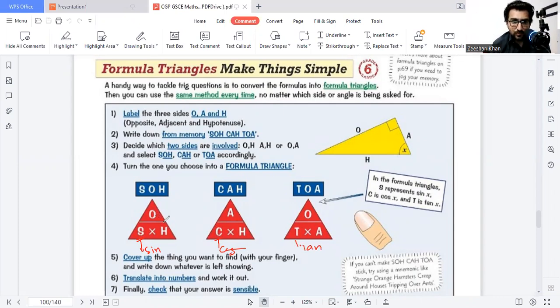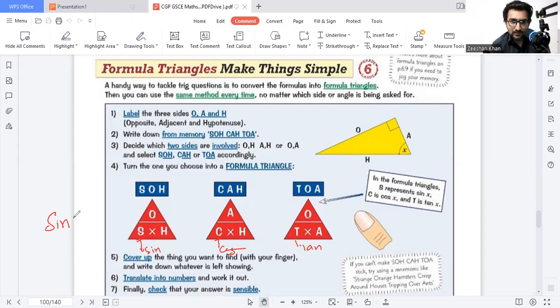O is opposite by hypotenuse, adjacent by hypotenuse, and opposite by adjacent. So if you memorize this triangle, it means you have learned that formula.